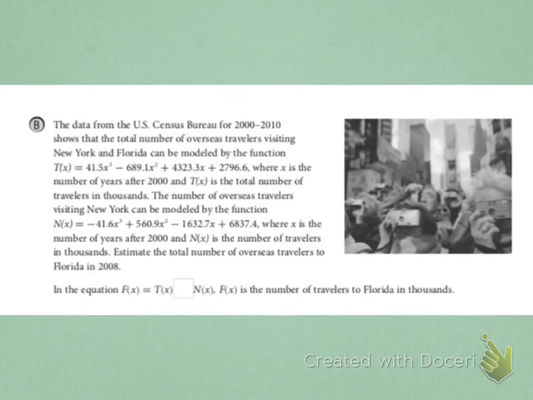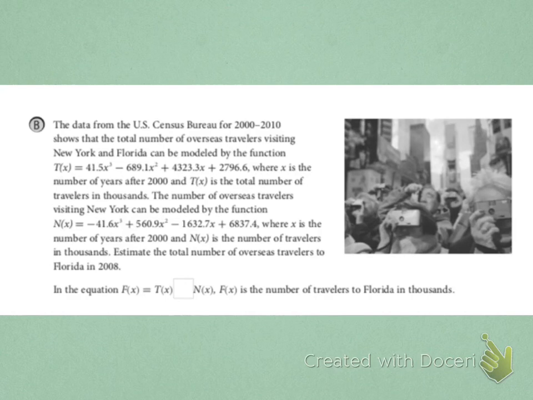Okay, so this next example actually was going to represent a difference between the two. But I think the video is getting a little bit long, and I think we get the point. This one, we'd actually subtract, because it has to do with, it says let n of x be the number of travelers in thousands. Estimate the total number of overseas travelers to Florida.